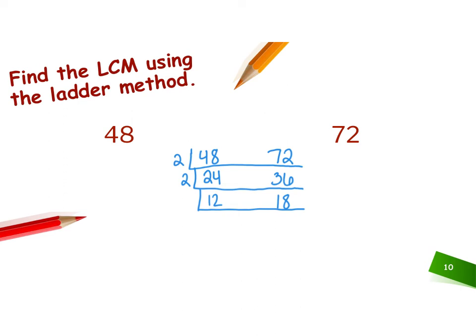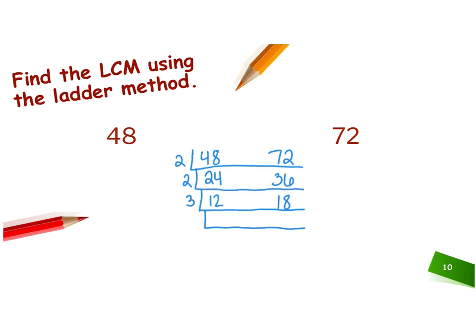I can divide both 12 and 18 by 3. 12 divided by 3 is 4. And 18 divided by 3 is 6. Both 4 and 6 can be divided by 2. 4 divided by 2 is 2. And 6 divided by 2 is 3. Both the 2 and the 3 are prime numbers, so they are not written inside of a ladder step.